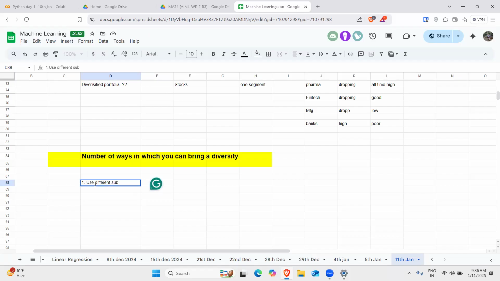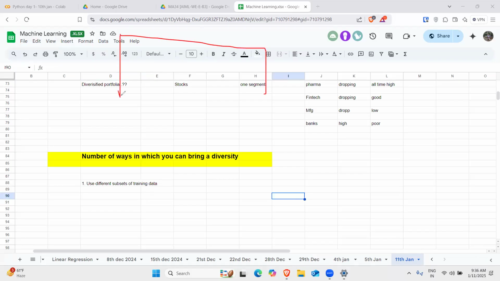I have already discussed this, and you are already well familiar with this point: subsets of training data. For example, let's say you have this data with you, right? This is your data point. These are your data points. We have 15 data points.